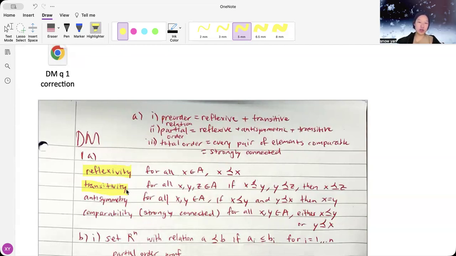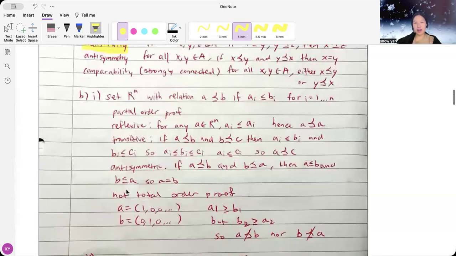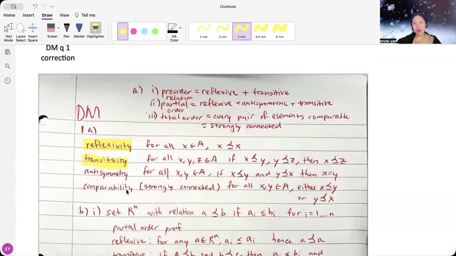For antisymmetric, we have x, y that are part of A. If x precedes y and y precedes x, then x equals y. Antisymmetric doesn't mean the negation of symmetric. If it's symmetric, then if a R b, then b R a.